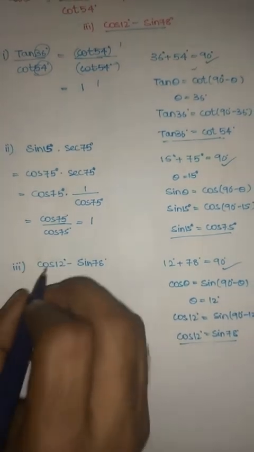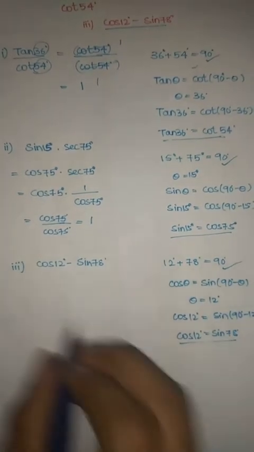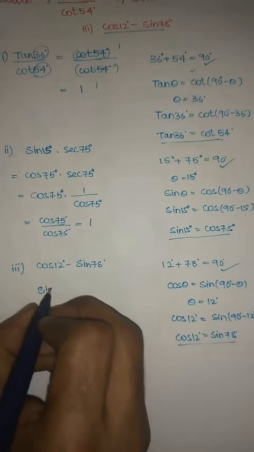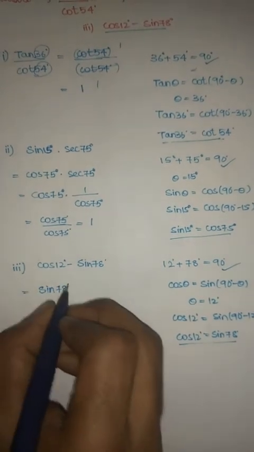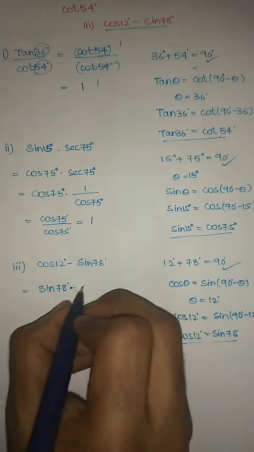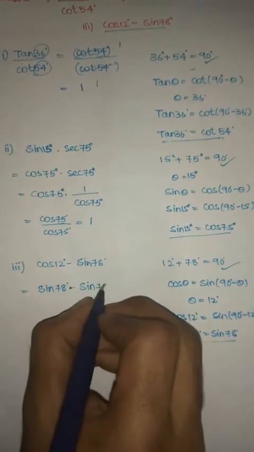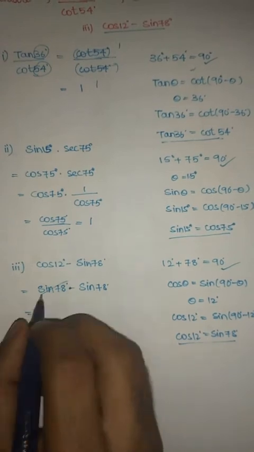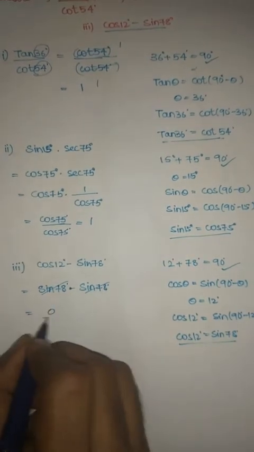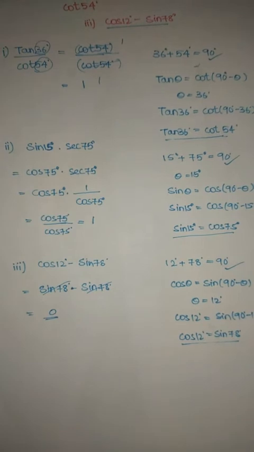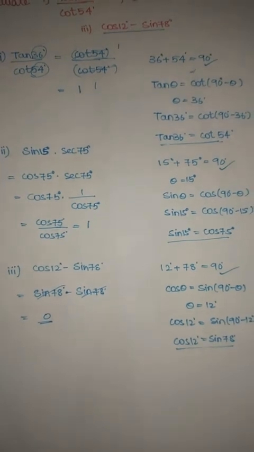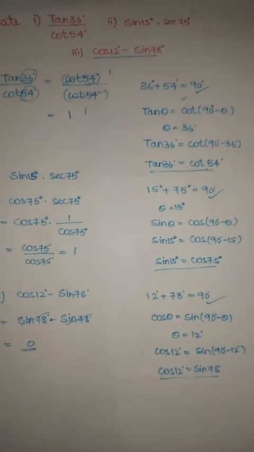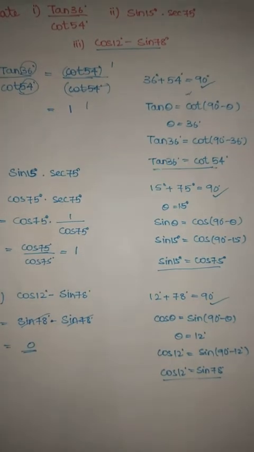So in place of cos 12 degrees we can place sin 78. So it is sin 78 degrees minus sin 78. Because they are both the same, they will get cancelled out and the answer will be 0. Hope you understood these types of problems, and let us solve one more problem on this.